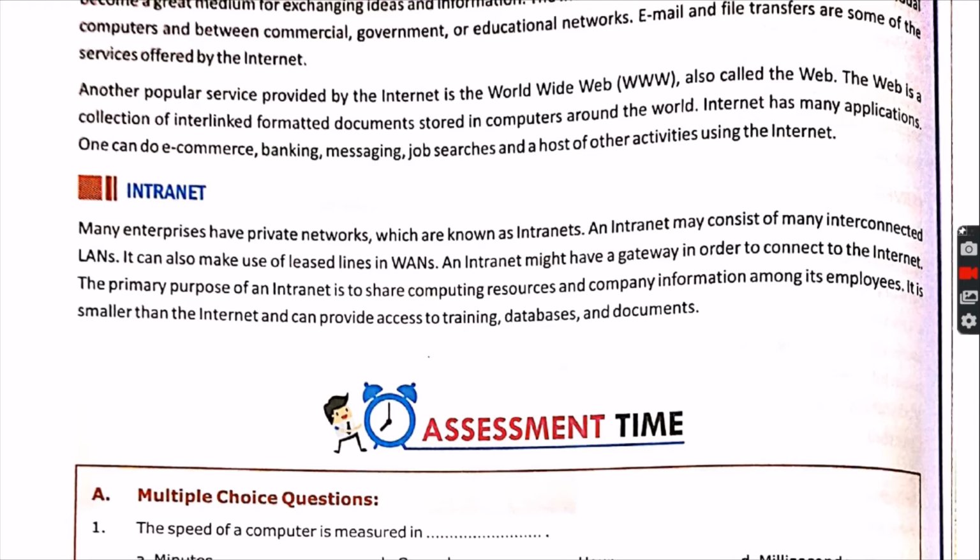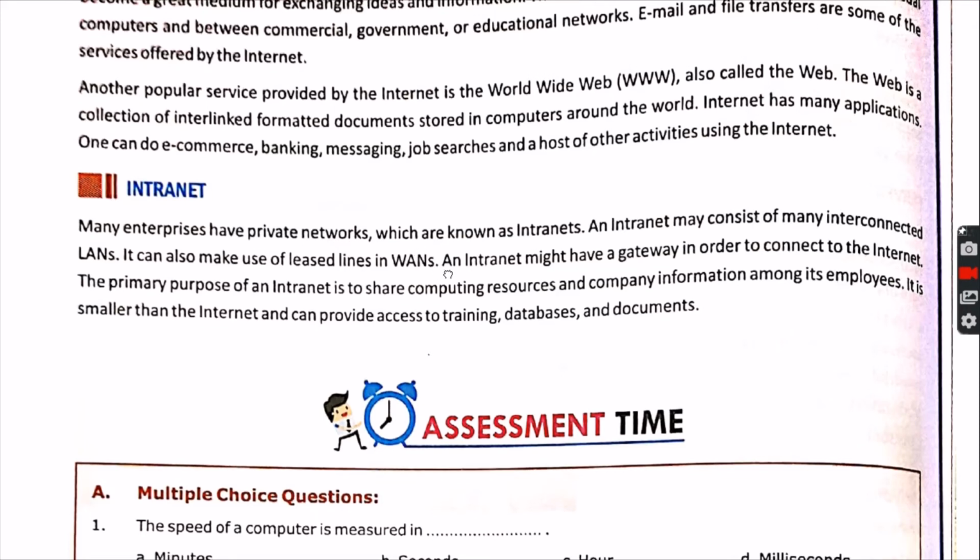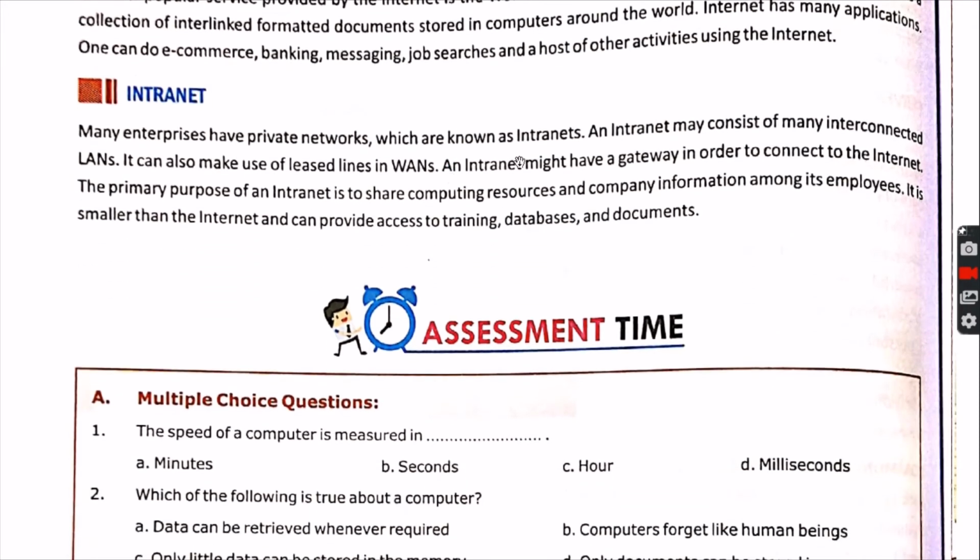So intranet is a small network in which only a few people are allowed to get interconnected together. Many enterprises have private networks which are known as intranet. So intranet is also considered a private network, owned by a company or a small organization.